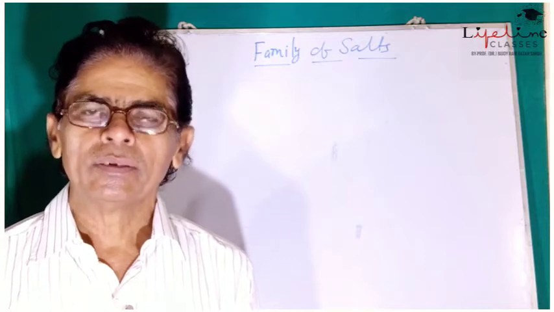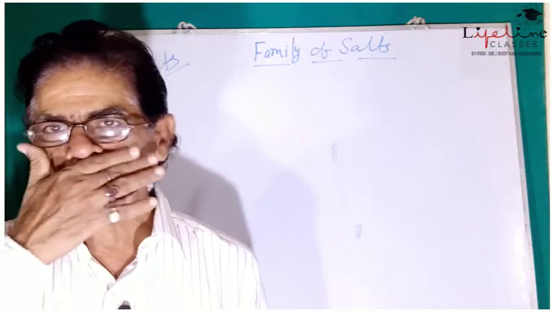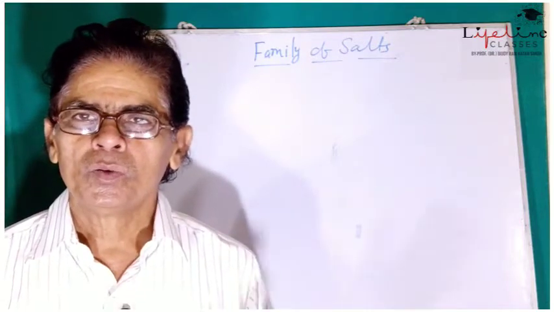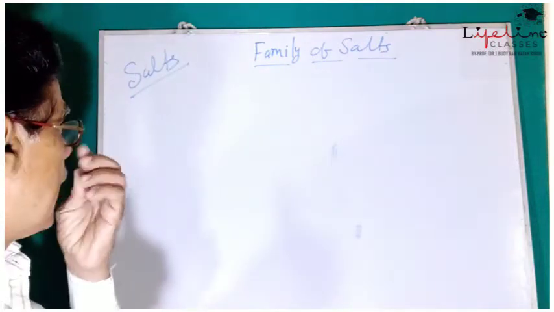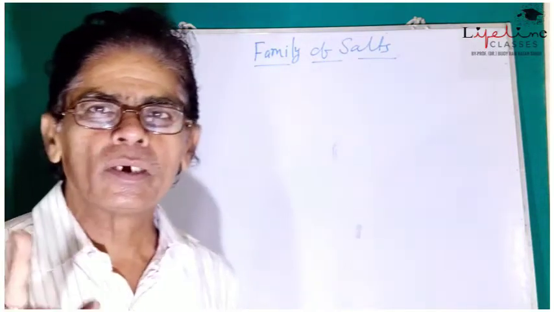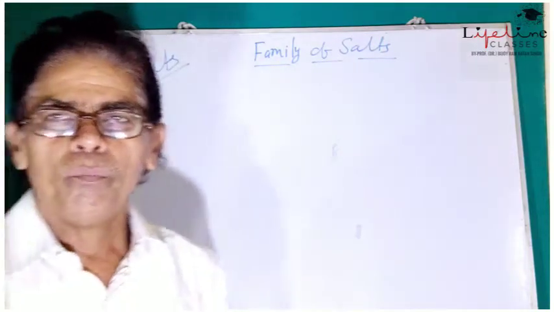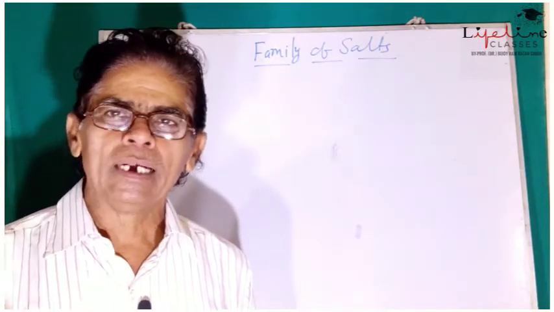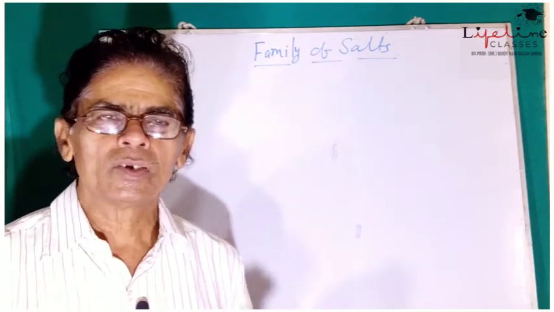cations or anions. You know that salt has two basic constituents, that is, the basic radical and the acid radical. Let us try to understand.